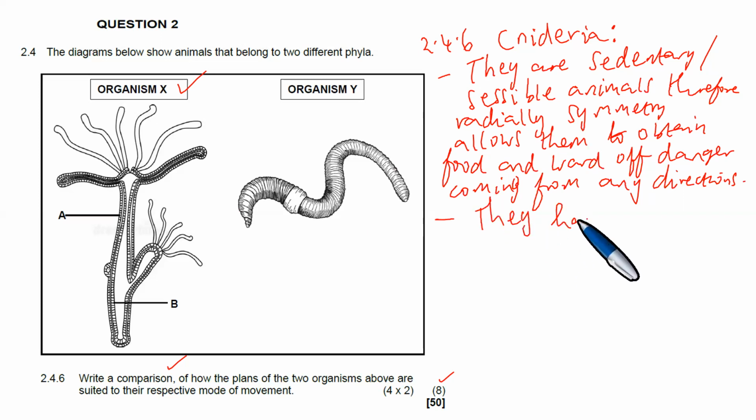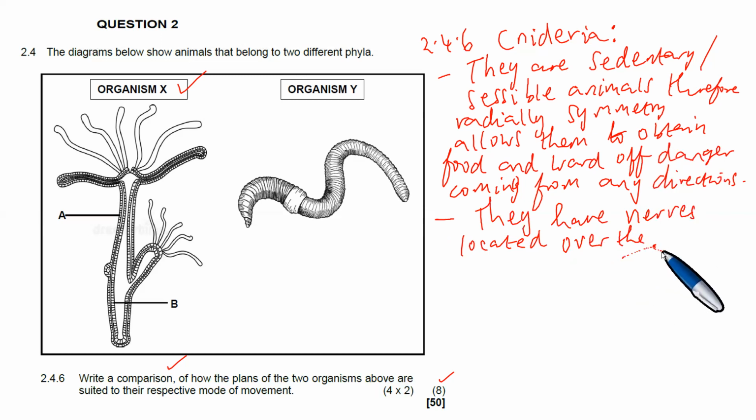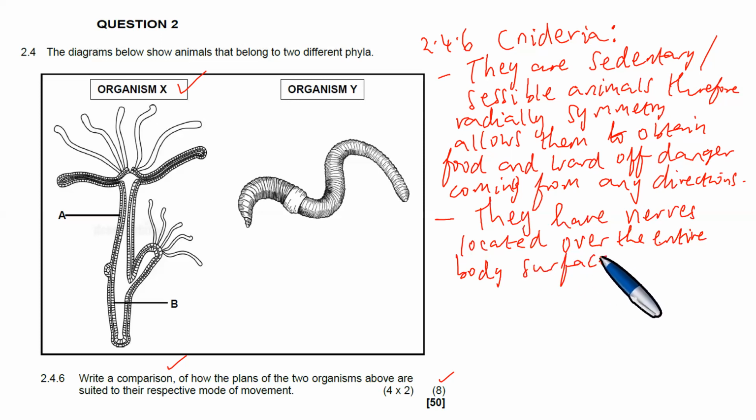We have a way to discuss these organisms in detail, but organism X, they have nerves located over the entire body surface.